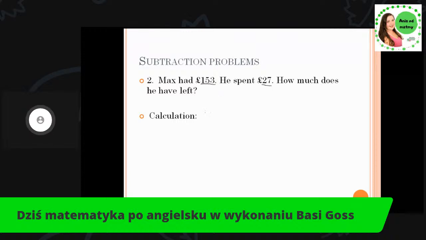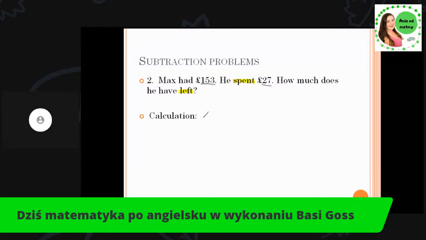So our calculation that we can use to solve this problem is, before we decide that, we can find the words that are going to suggest what we're going to use. So we've got spent and we've got the word left. And these words are saying we need to use subtraction.